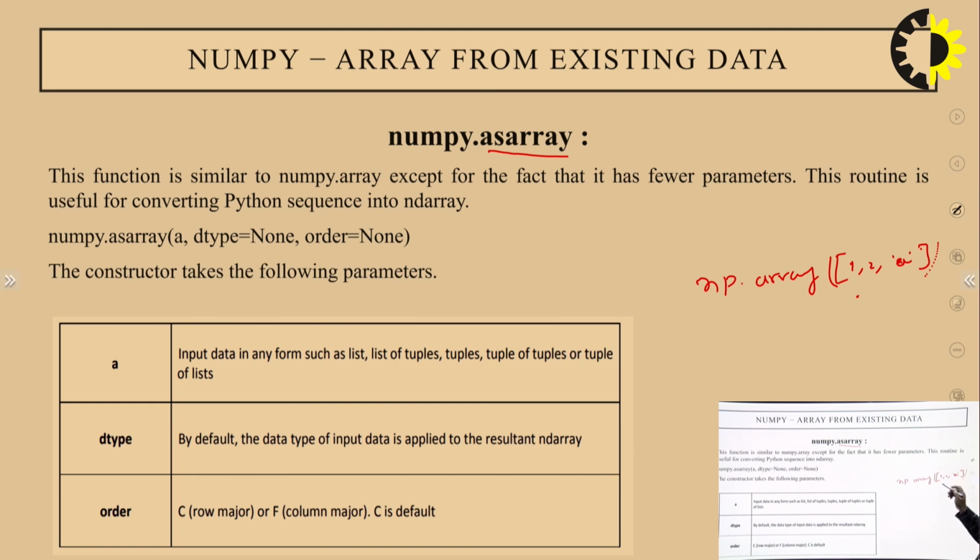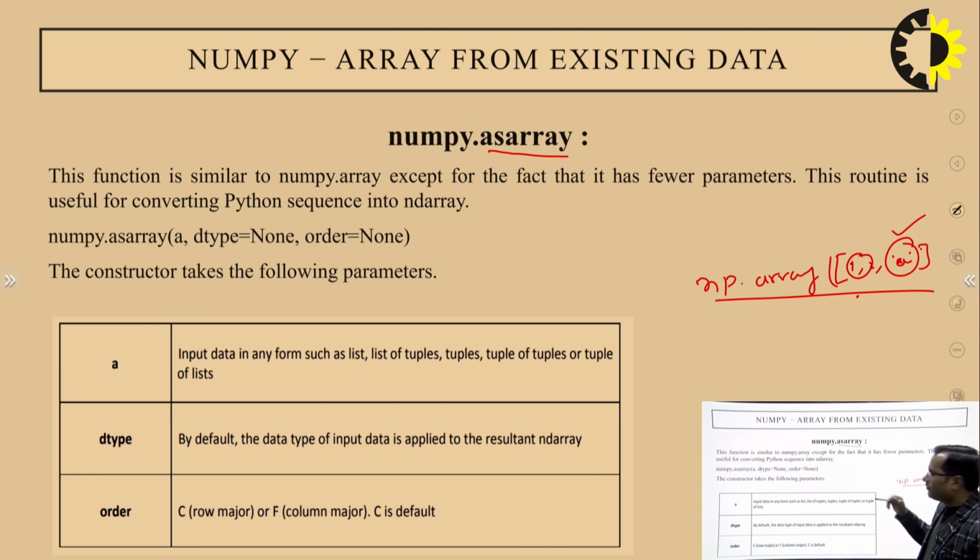Here we can see that two are integer types and one is a string. If we want to change this to a particular data type, it may create a mismatch, because we cannot convert this to float or integer. So we can use another routine for converting this type to another type.